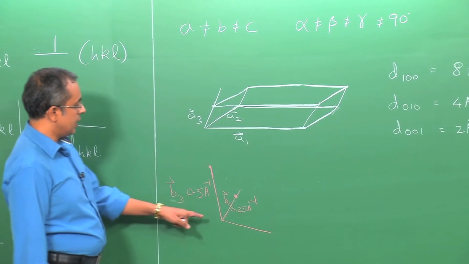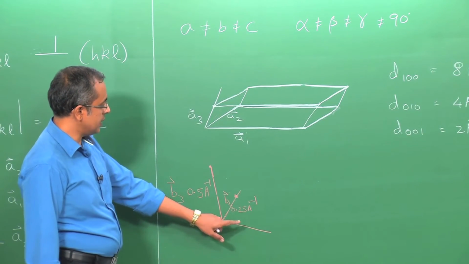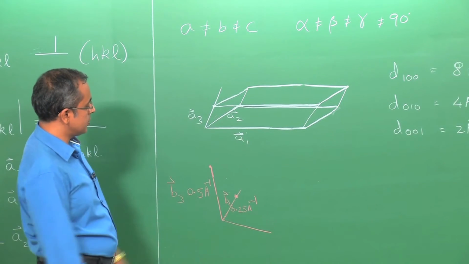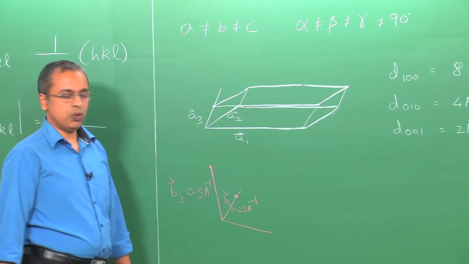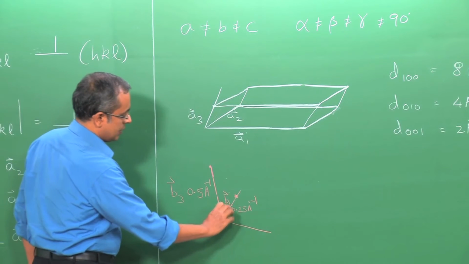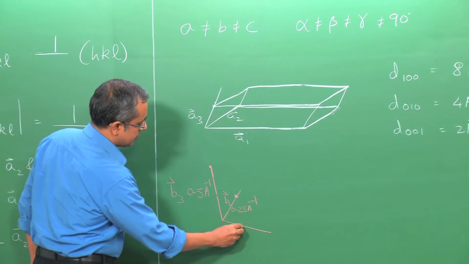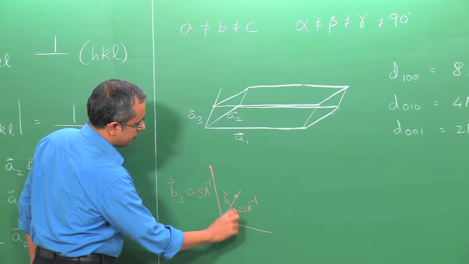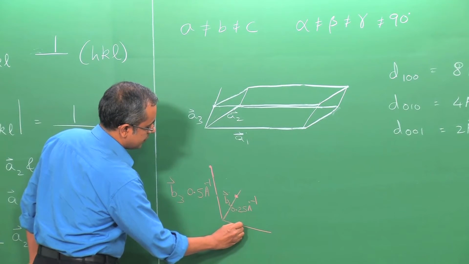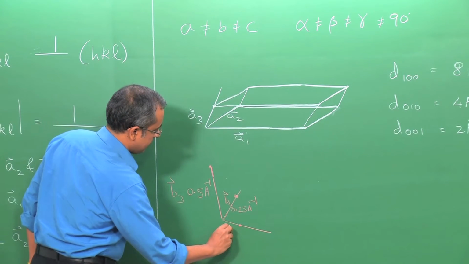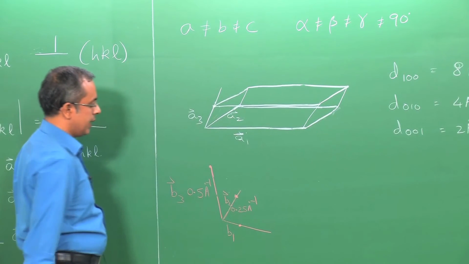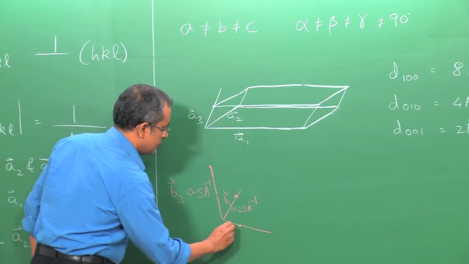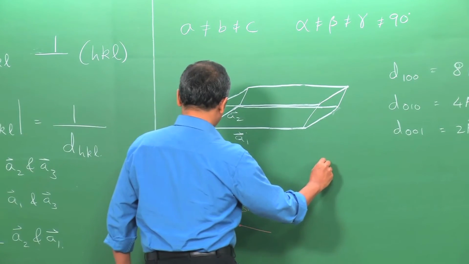And finally, we have this particular direction. In this direction we have 8 angstroms. So it is going to be 0.125 angstrom inverse, which is half of this, and so that is roughly this distance. So about half of that you just translate it here. So B1 is here, right. So I'll just put it down here.